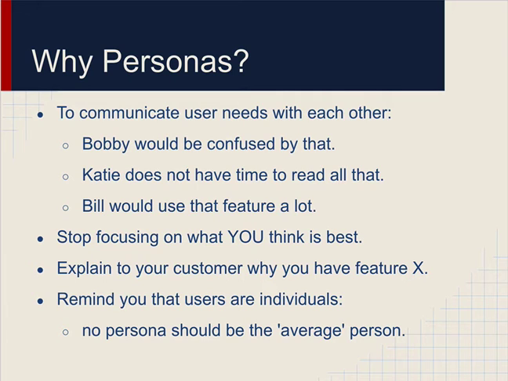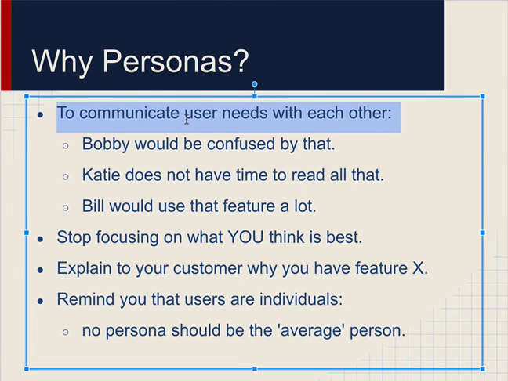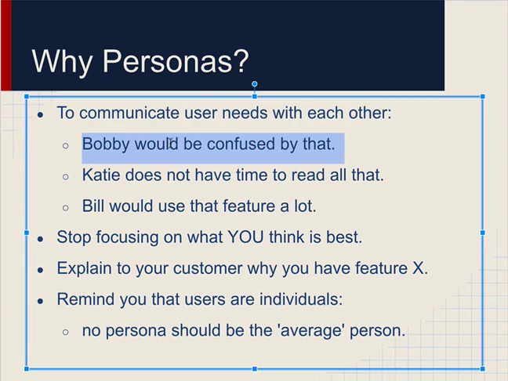And the first reason we do this is because it helps us communicate the user needs amongst the people in your group. So when you might propose, let's have it saved to Google Drive, then somebody might say, oh no, well, Bobby would be confused by that.